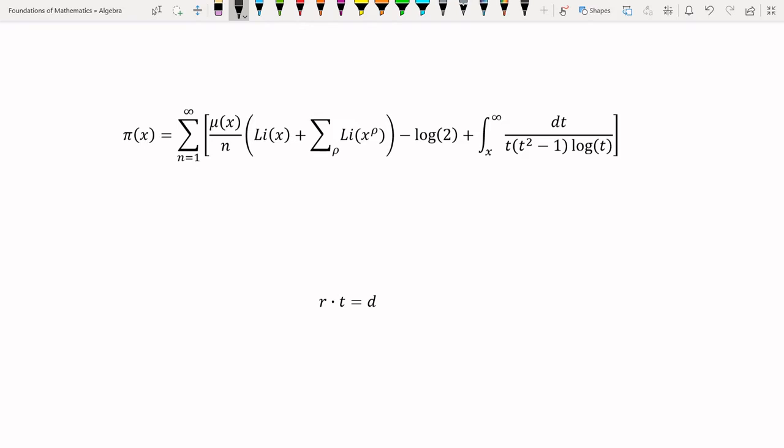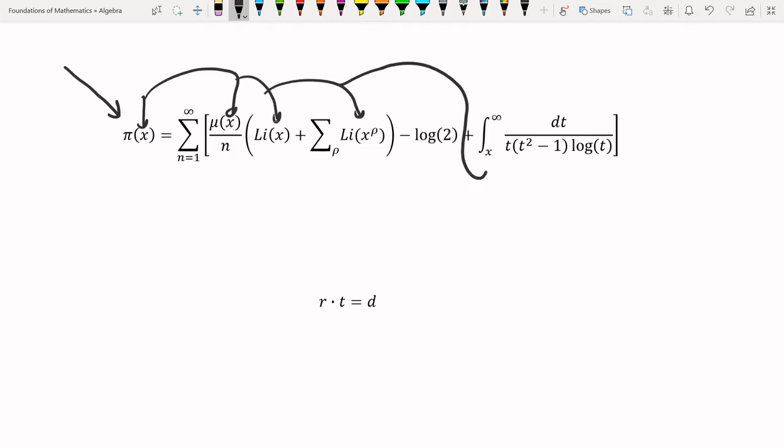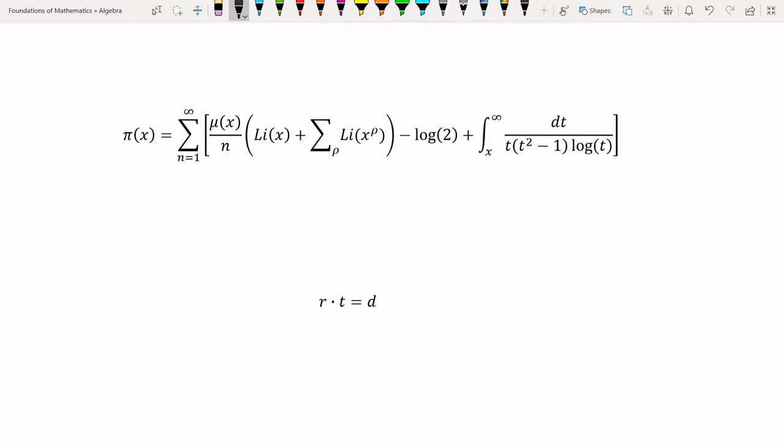This top function here is called the prime counting function. It counts how many prime numbers are less than the number x that you plug in. You plug in x right into here, which ends up being plugged right into there, and there, and there, and right there. And so it'll actually tell you how many prime numbers are less than, I think, or equal to that number.